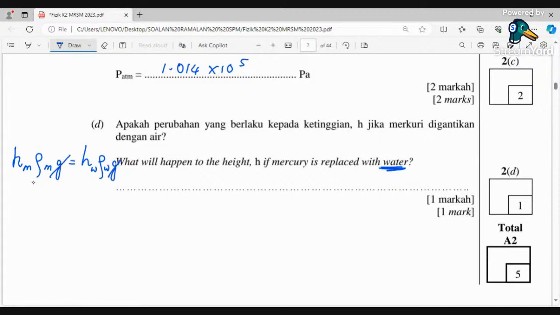The relationship is density of mercury divided by density of water equals height of water divided by height of mercury. So you can see the relationship is inversely proportional. If we use a less dense liquid, water is less dense, what happens to the height? It should increase. So height h increases.